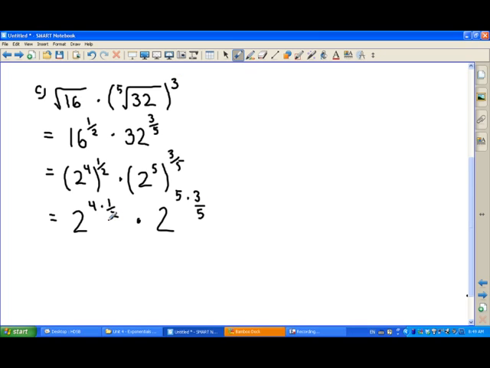And as I multiply, some things cancel out. And I'm left with 2 squared times 2 to the power of 3. When I have two powers being multiplied together that have the same base, I can add the exponents. So this ends up being 2 to the power of 5.